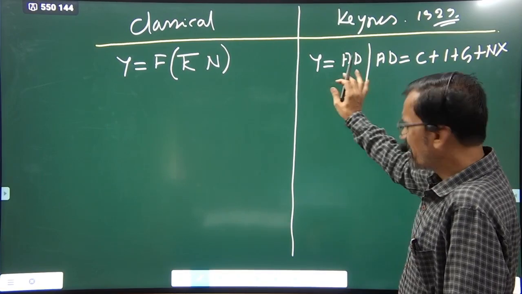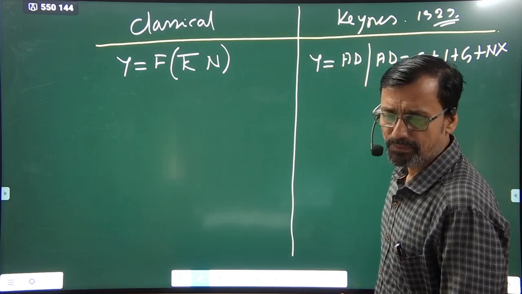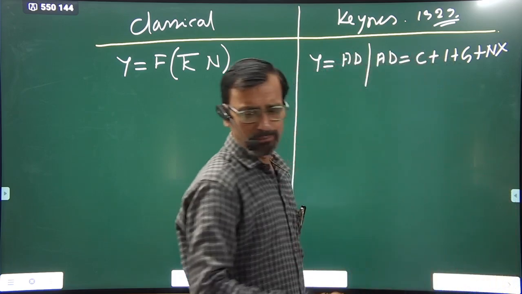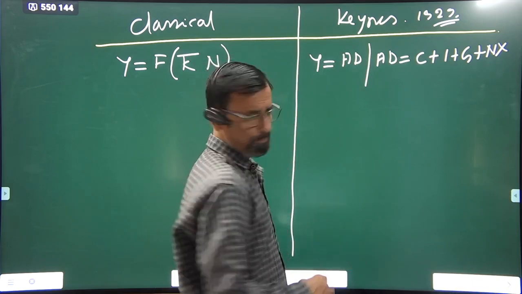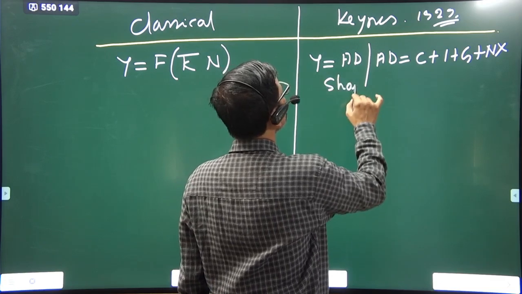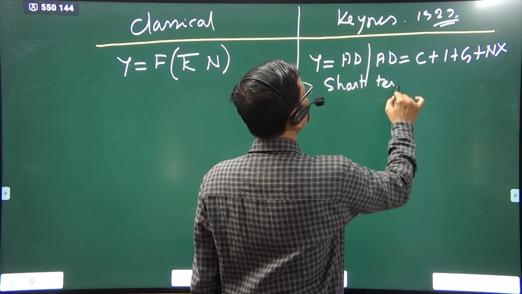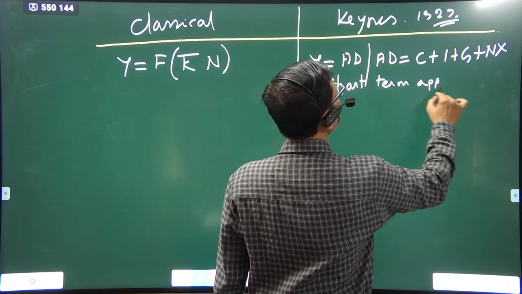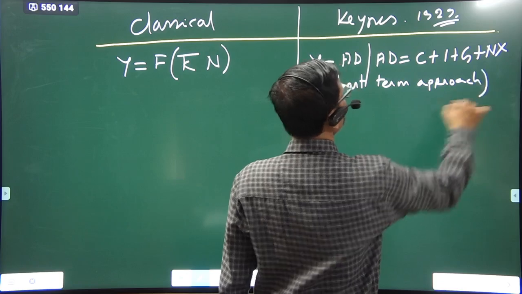So from this point of view, we can say that the Keynesian version is a short-term approach.